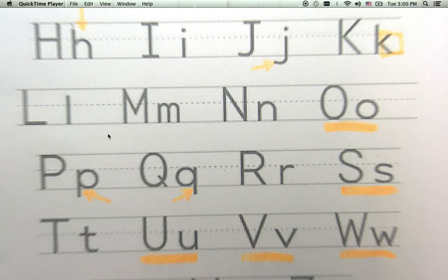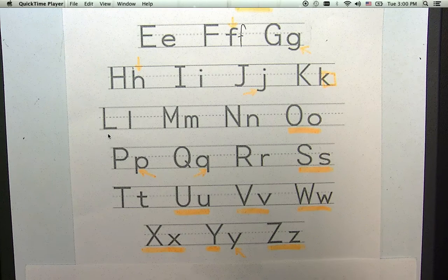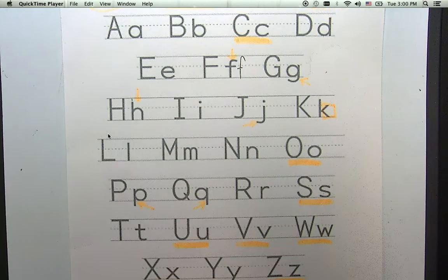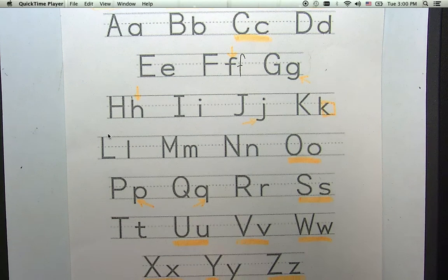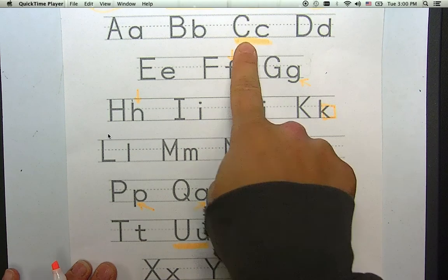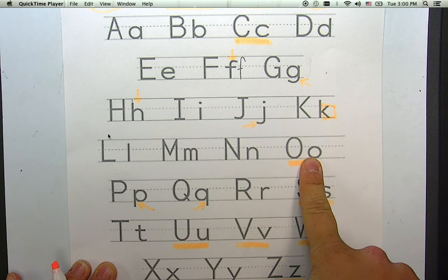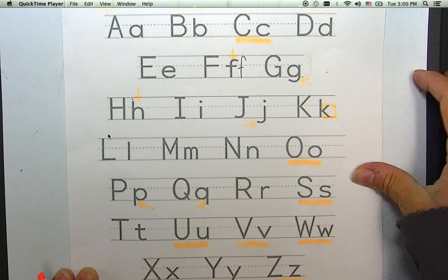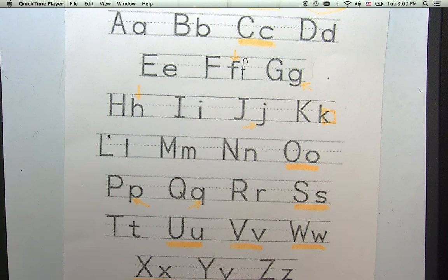So if we review, there are some letters that do not change shape, however, they do change size. And it's important to remember that C, O, S, U, V, W, X, Y, and Z all need to change size when you write a capital letter.